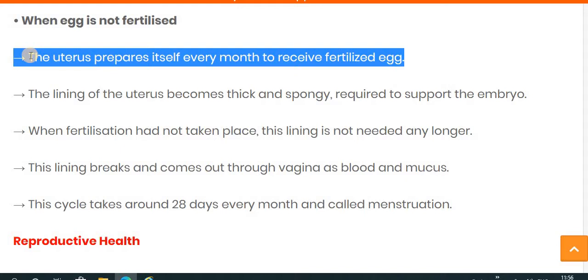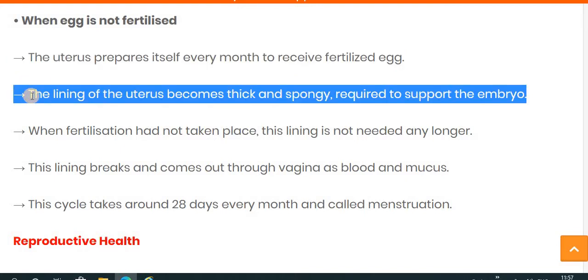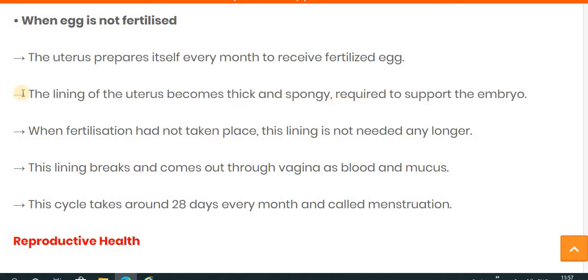But in the case of an egg that is not fertilized, what happens? Every month the uterus prepares itself to receive the fertilized egg. The lining of the uterus becomes thick and spongy, which is required to support the embryo.